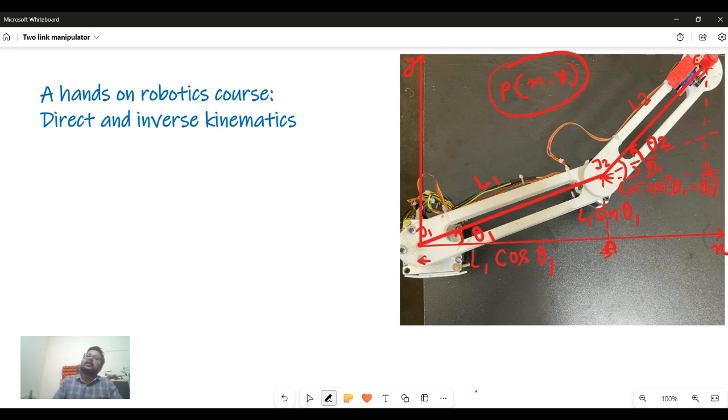Likewise, this perpendicular distance will be L2 sine of theta 1 plus theta 2. Now the complete length, because we are considering this point of the end effector, let's consider XE and YE.